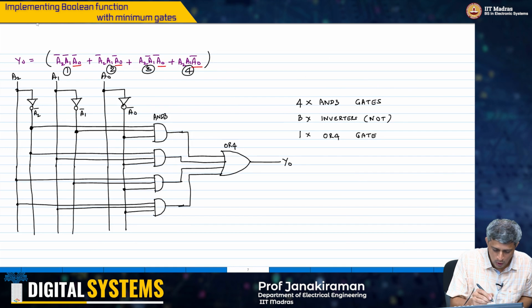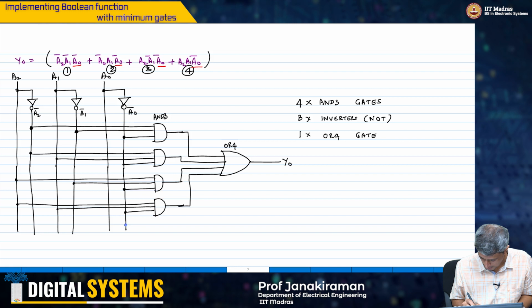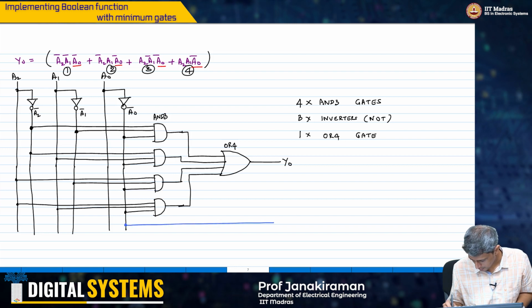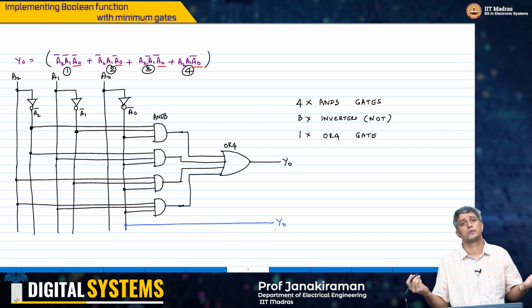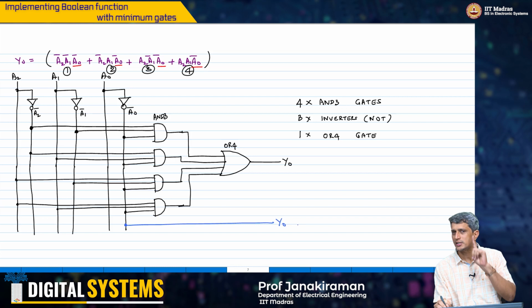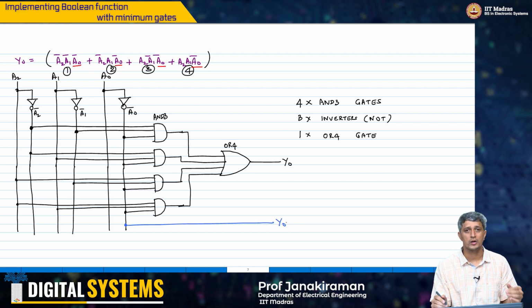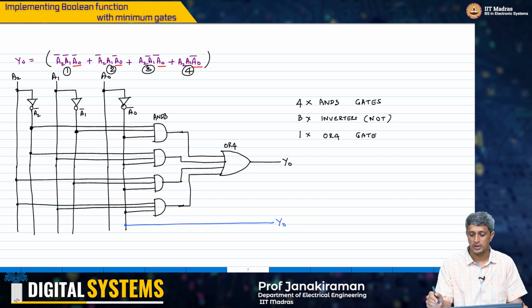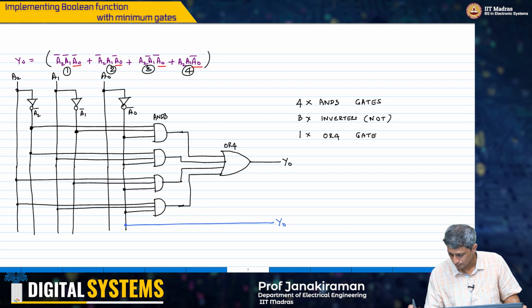So all you needed to do was take A0 bar, and this is y0. That's all it is. Actually y0 was implementable using just one NOT gate, or one inverter. On the other hand, what we needed here was something like 8 logic gates.